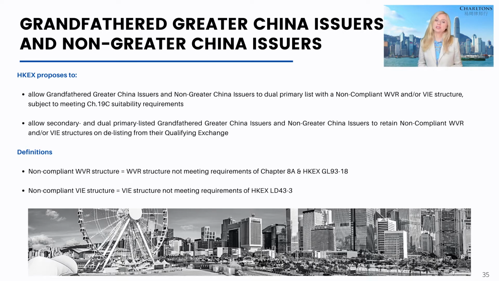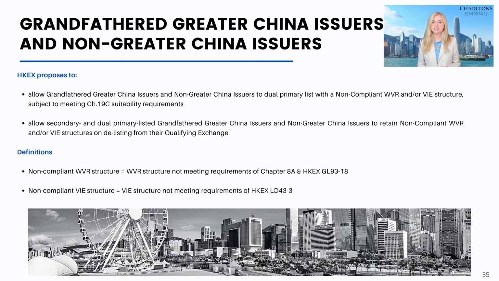The Hong Kong Exchange therefore proposes that grandfathered Greater China issuers and non-Greater China issuers will be allowed to retain their non-compliant weighted voting rights and/or VIE structures which are pre-existing at the time of their secondary listing or dual primary listing on the exchange if they are delisted from their qualifying exchange. However, these companies will still be subject to all the other exchange listing rule requirements unless specifically waived.